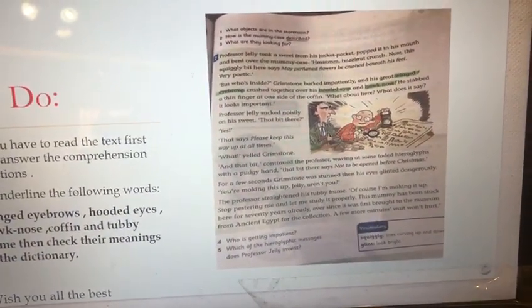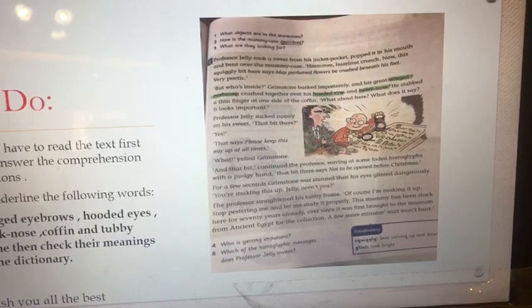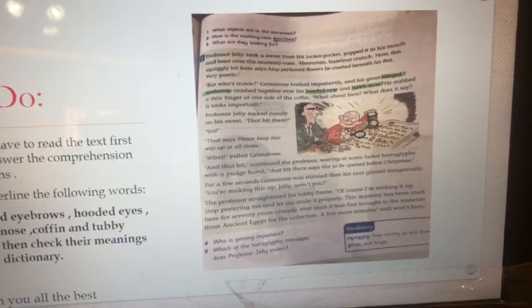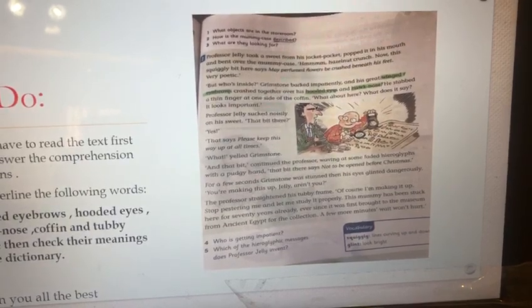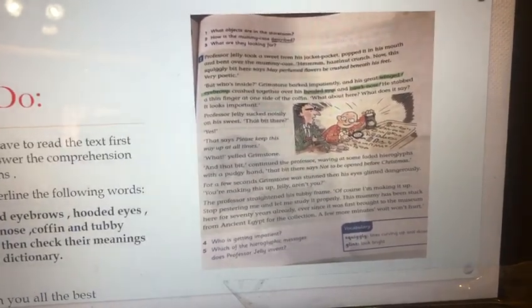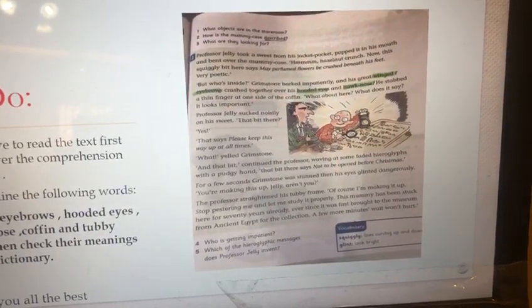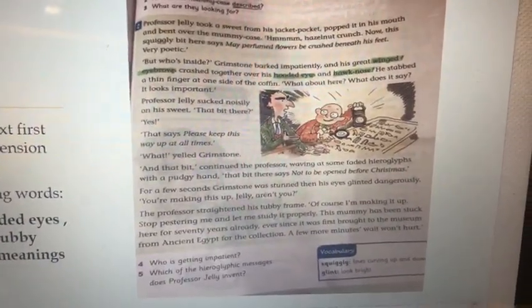Professor Jelly took a sweet from his jacket pocket, popped it in his mouth, and bent over the mummy case. "Hazelnut crunch. Now, this squiggly bit here says, 'May perfumed flowers be crushed beneath his feet.' Very poetic." "But who's inside?"